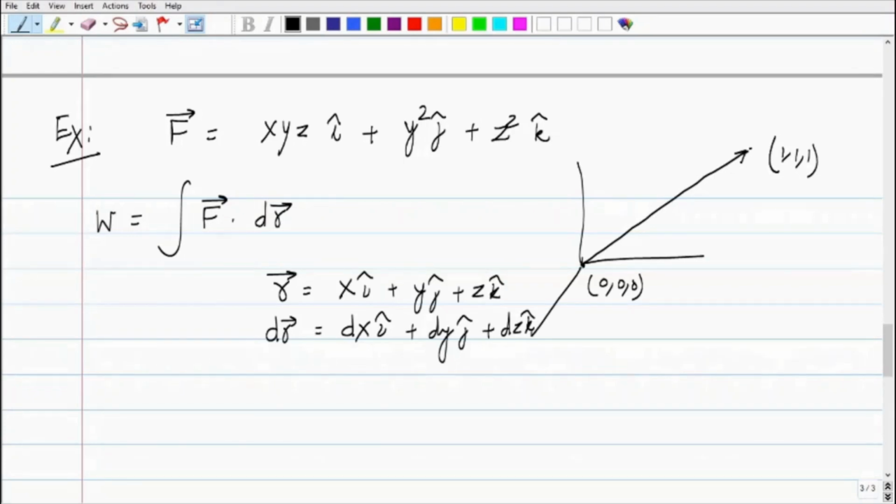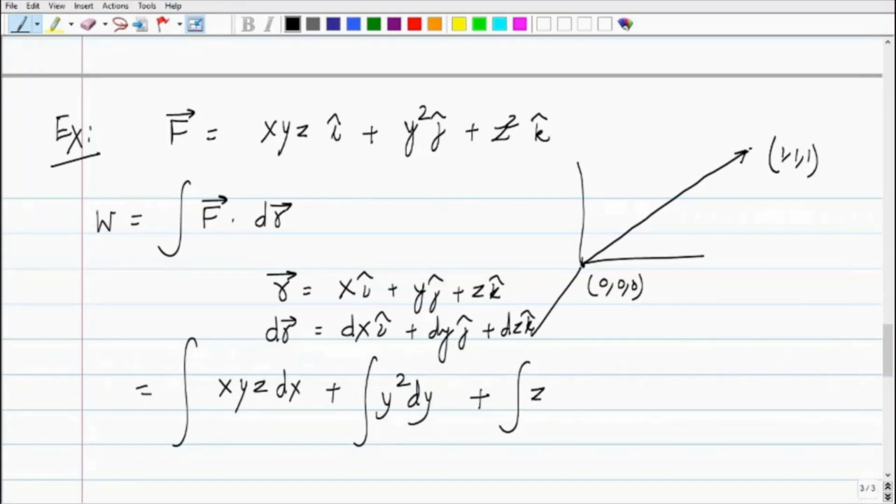Now if I think of working out the integral, this is simply F dot dr, which is then xyz dx plus y square dy plus z square dz. Okay, now what should be the limits of the integration, for example?